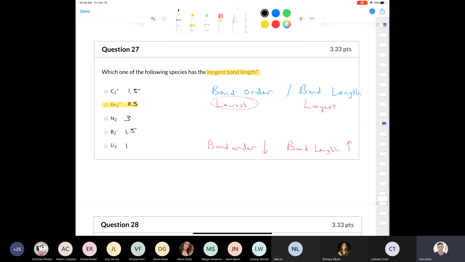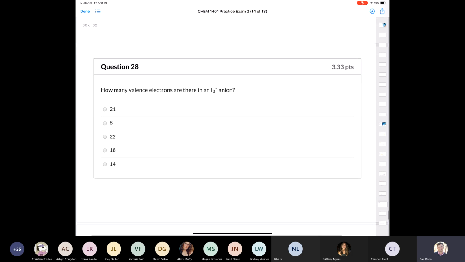Question 28. Got time. Got 3 questions left. How many valence electrons are there in I3 minus anion? Hopefully you can do this one kind of half asleep. I would expect you to be able to calculate this one pretty quickly. Iodine is in group 7A.